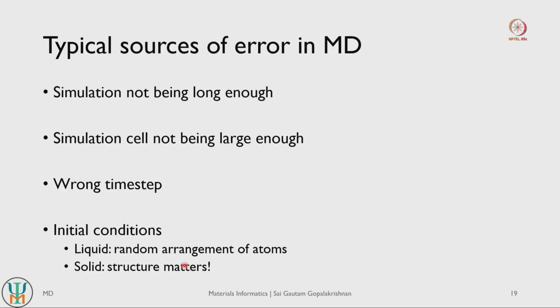So let us say you are interested in modeling ferritic steels, right, which are body centered cubic in nature, but if you give an initial structure of an austenitic steel which is face centered cubic in nature, then whatever trajectory and dynamic properties that you are going to get with your molecular dynamics, starting with your FCC structure, are going to be very different, very wrong compared to what you would have gotten if you started off with a body centered cubic structure.